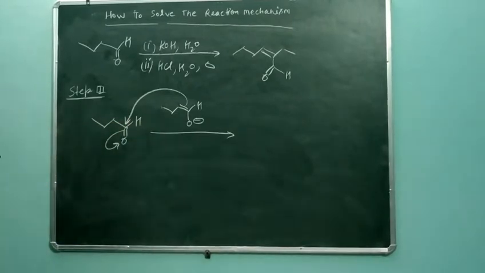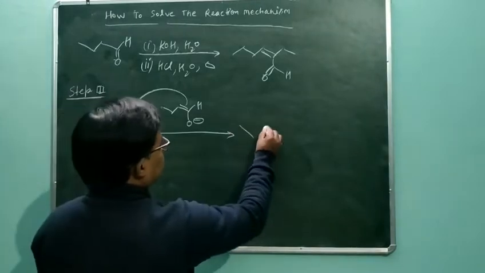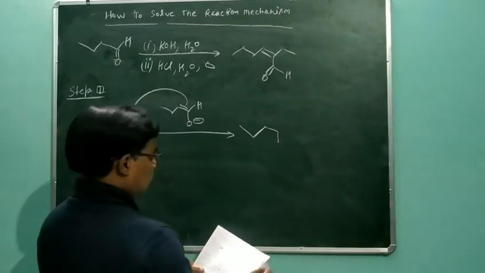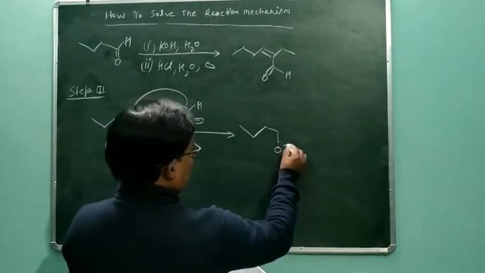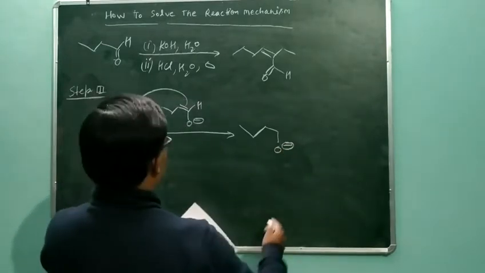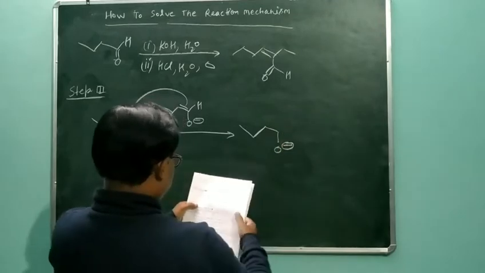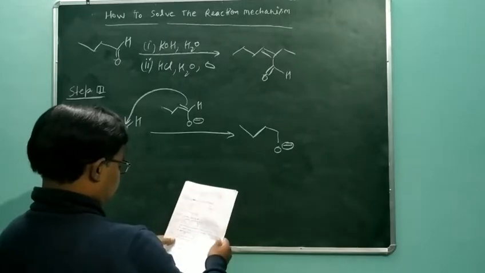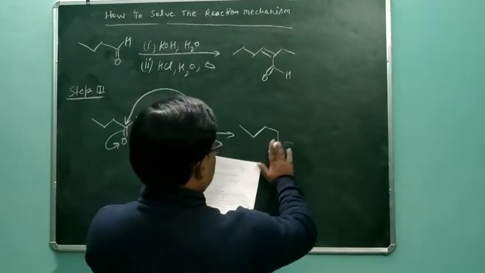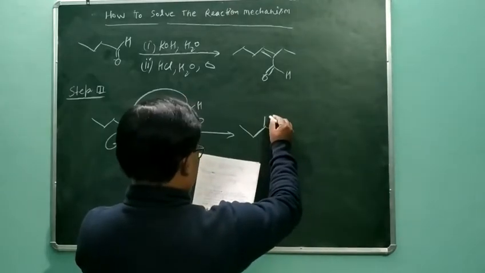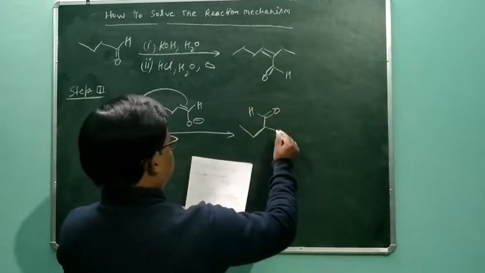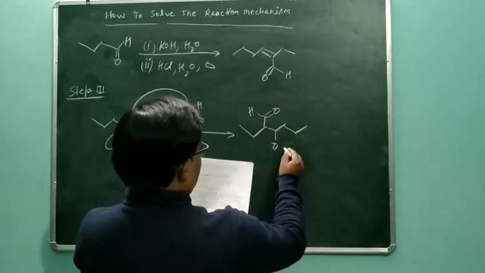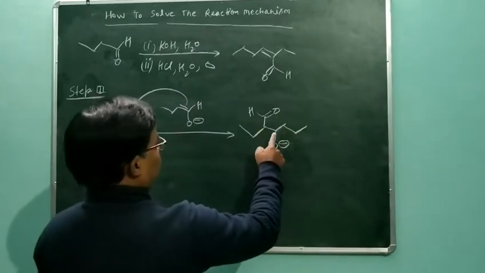So this is a nucleophilic addition reaction. O negative, 1, 2, 3, 4, 5, 6, 7.